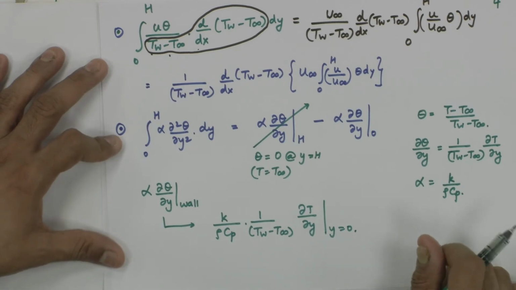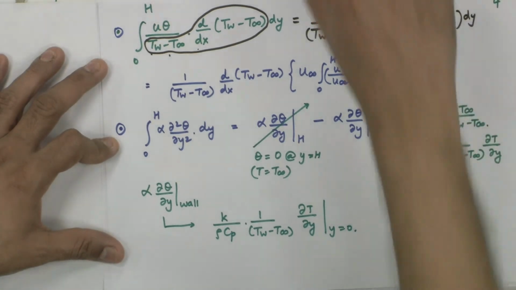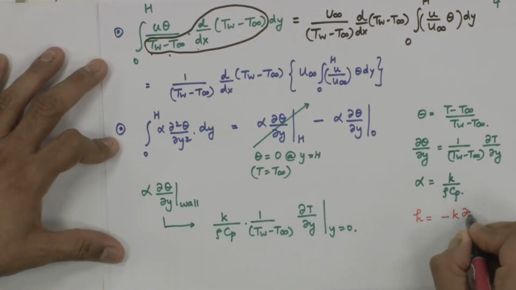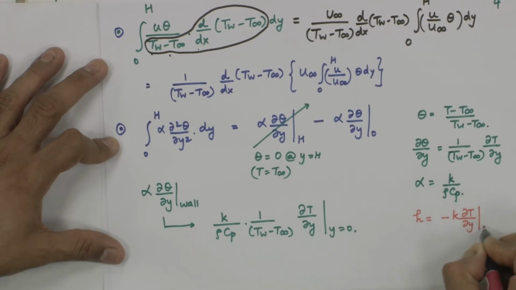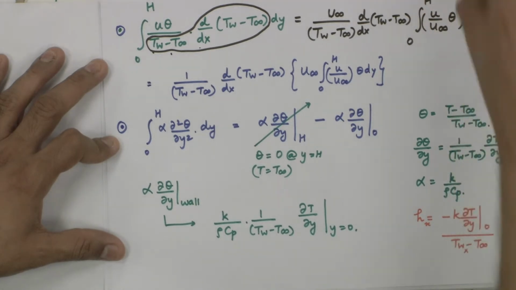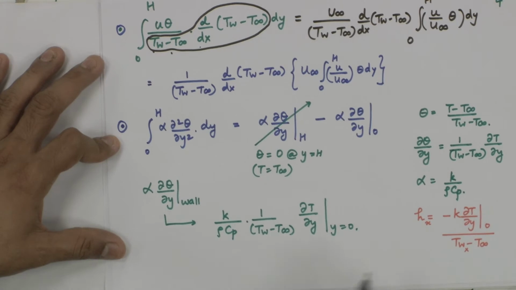Is that right? Now, let us group this term. What is the definition of the heat transfer coefficient? h is minus k dT by dy at the wall divided by some reference temperature difference. This is my definition of the local heat transfer coefficient, h x, where this should be the local temperature T wall x. It does not matter what the subscript is.